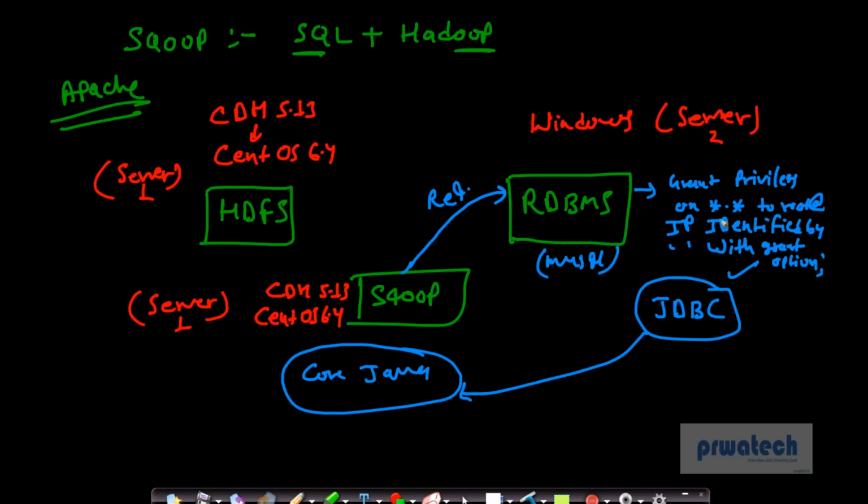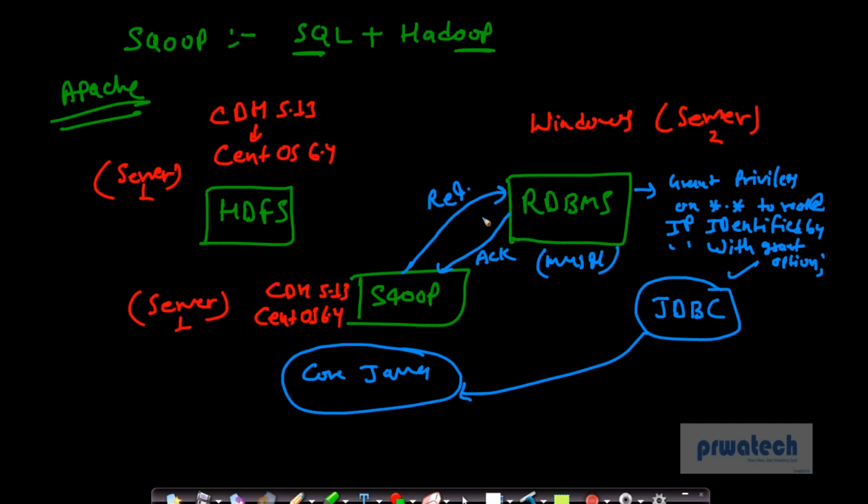This is one query. We'll run all these queries when we start this practical, hopefully tomorrow. So the RDBMS will give an acknowledgement to Sqoop that yes, the communication is there.